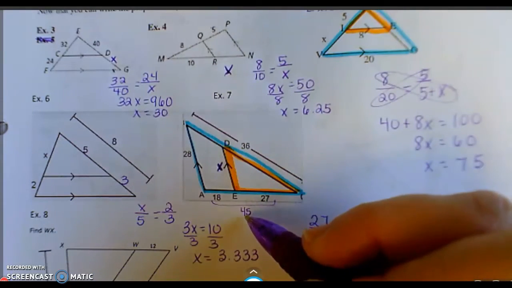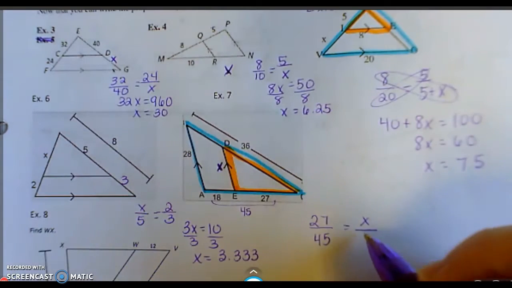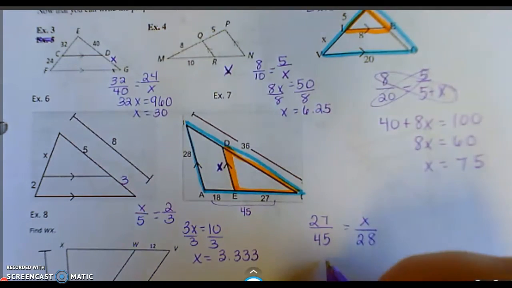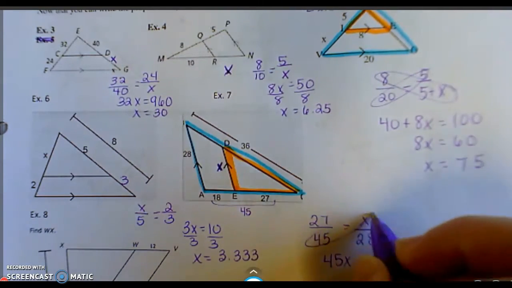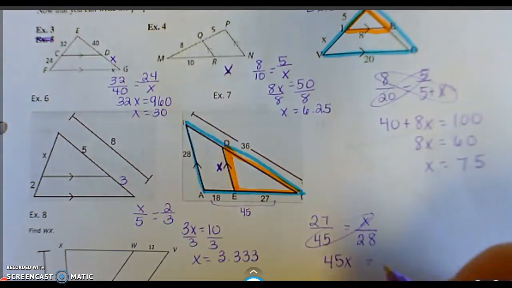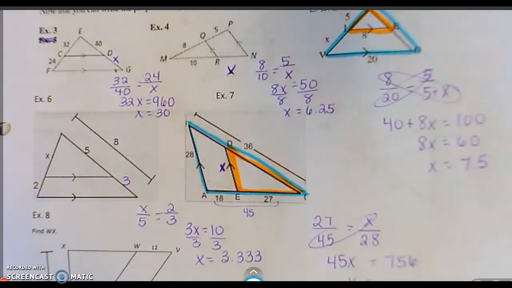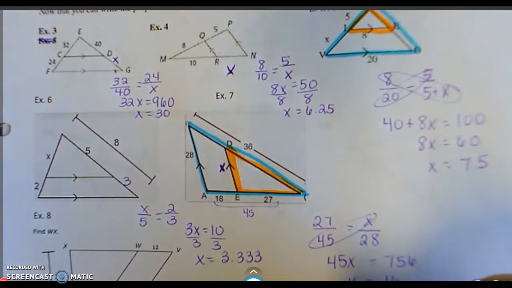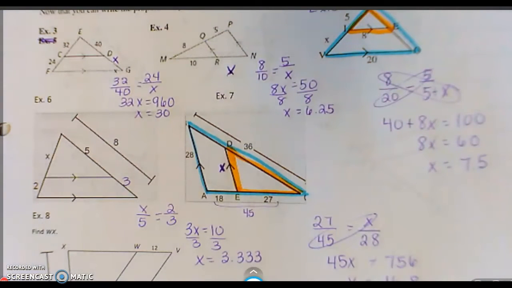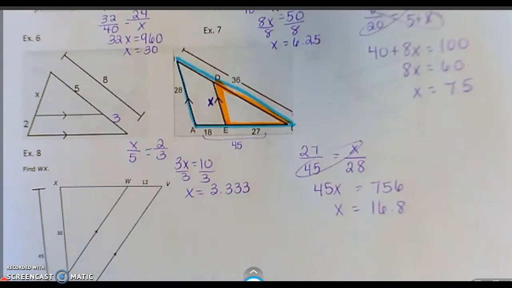So 27 over 45 equals x over the big one, which is 28. Cross multiply, so 45x equals, and then multiply 28 and 27 together. Divide by 45. Get that up so you can see that a little bit better.